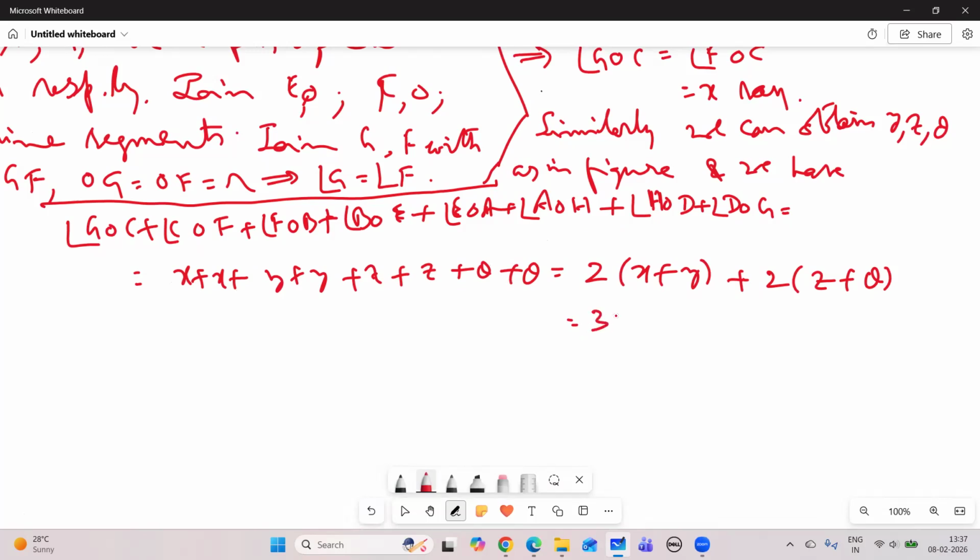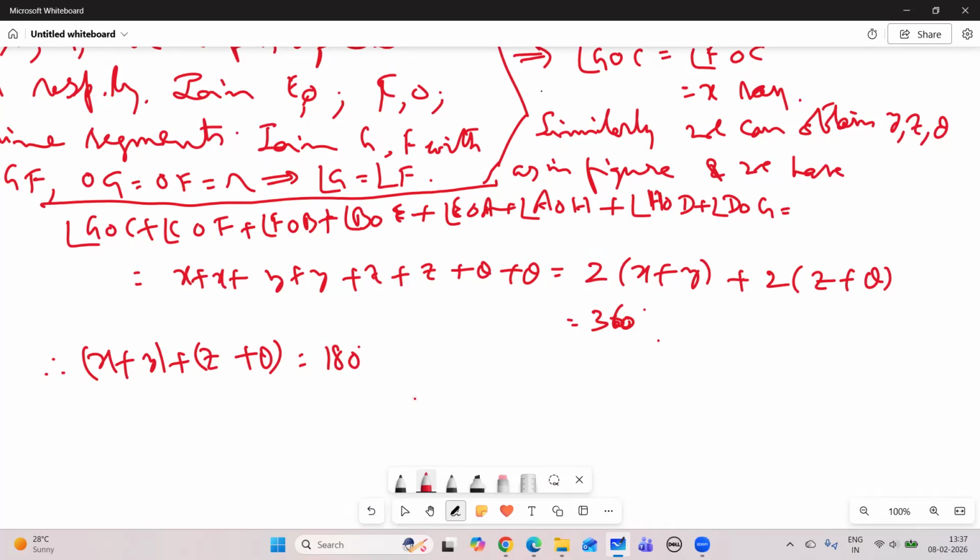Therefore, this is equal to 360 degrees. So when 2 cancels in this, you get 180 degrees. Therefore, x plus y plus z plus theta is equal to 180 degrees. All these 8 angles make a complete angle at the center of the circle. That's why we have this.